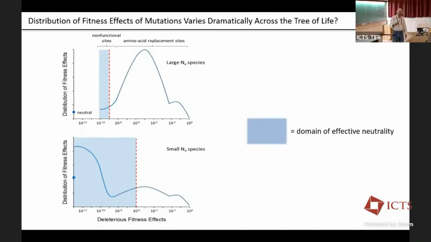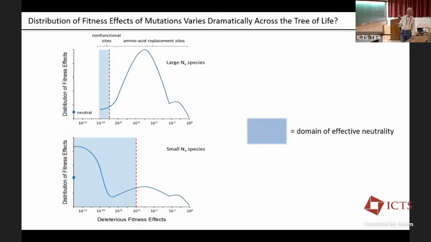So I don't want you to take this too seriously, but this is sort of my cartoon attempt to think about what we call the distribution of fitness effects. Because remember, if fitness effects associated with mutations are sufficiently small, natural selection can't take advantage of them. And so there's been only crude work to try and estimate what this distribution of fitness effects is.